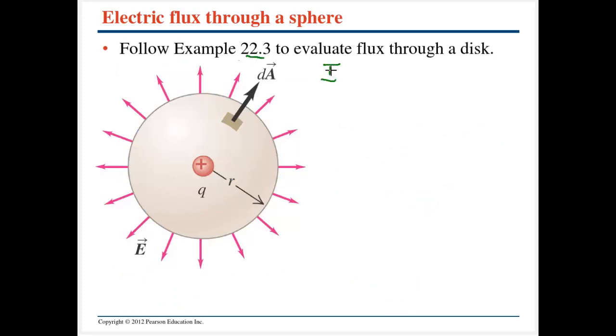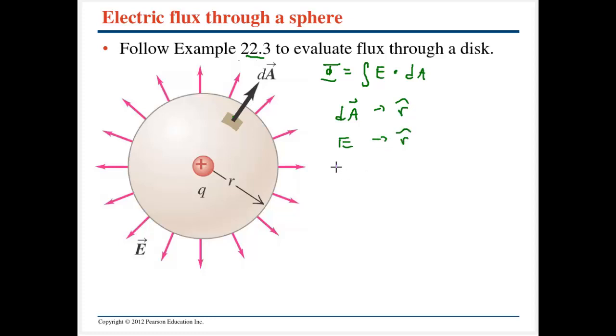We're going to look at the flux through a sphere, the integral of the electric field dotted with all those little dA vectors. We're adding up all of these tiny little components here. These dA vectors are going to be in the r hat direction. The electric field is also going to be in the r hat, the radial direction.